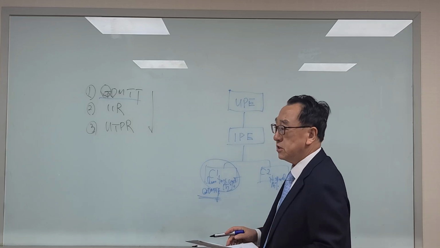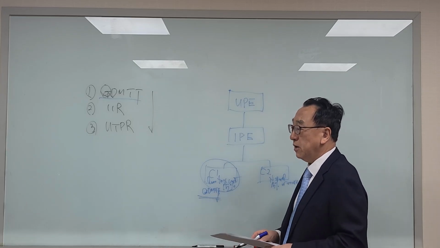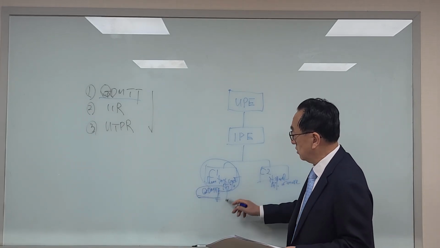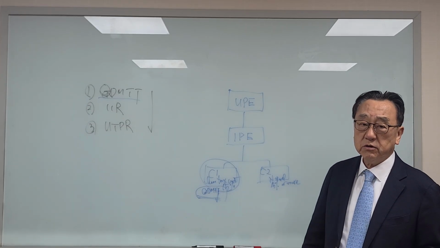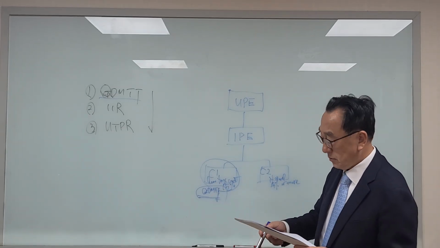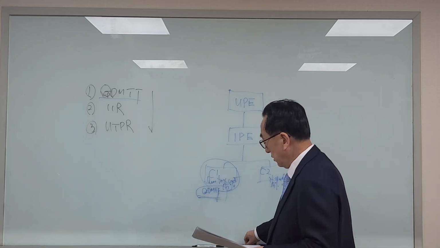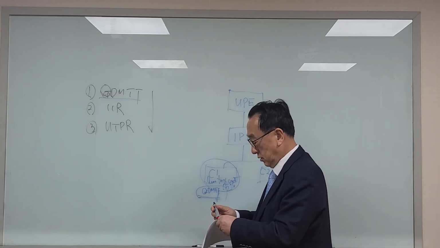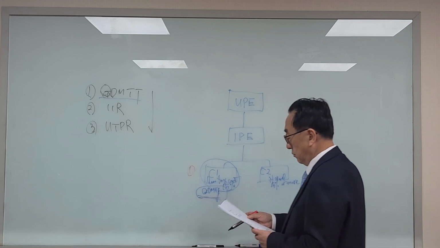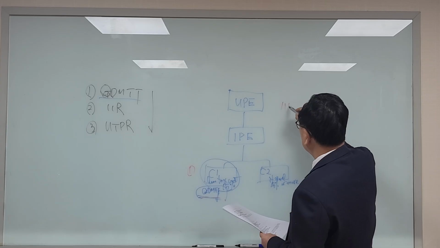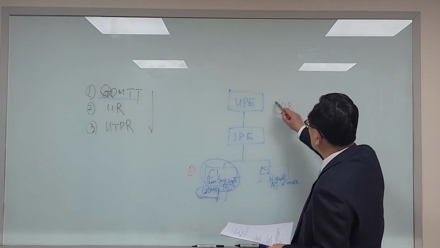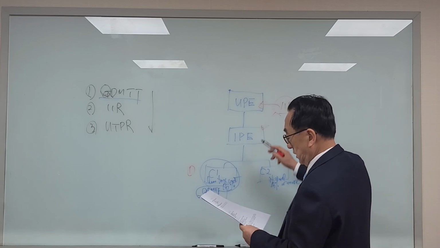So in that case, if Indonesia's tax rate is less than 15%, then the global subsidiary located in Indonesia should pay the QDMTT in Indonesia. And this is number one, QDMTT. Number two is IIR, Income Inclusion Rule. And this will be applied to UPE or IPE.